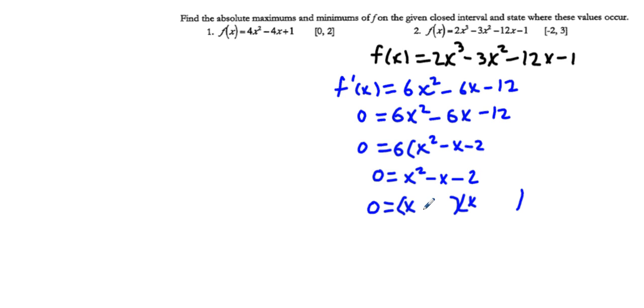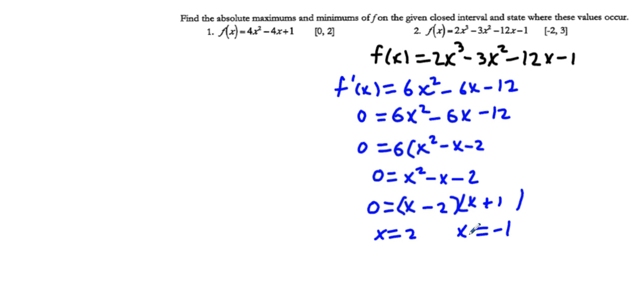So we're going to have x minus 2 times x plus 1. Setting each factor equal to 0, we have x equals 2 and x equals -1.